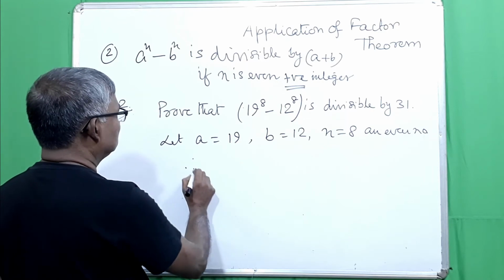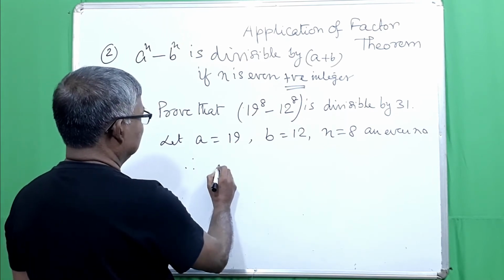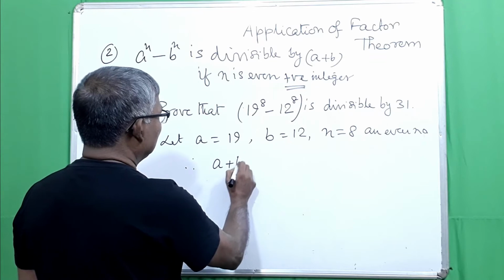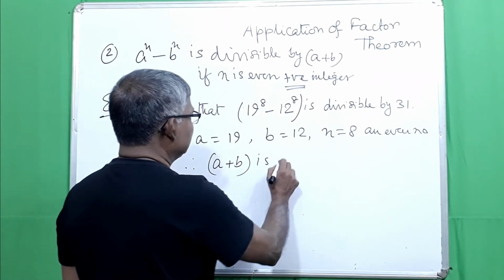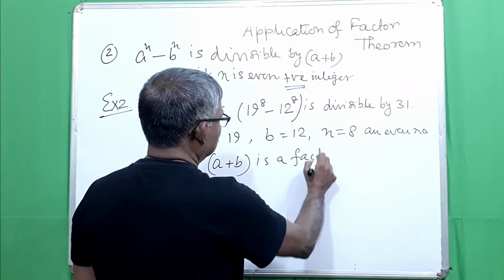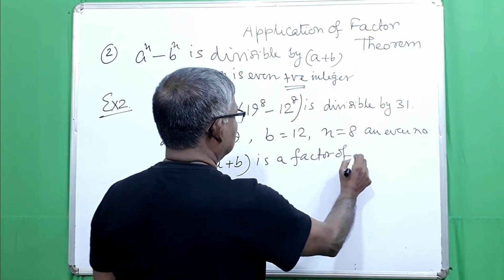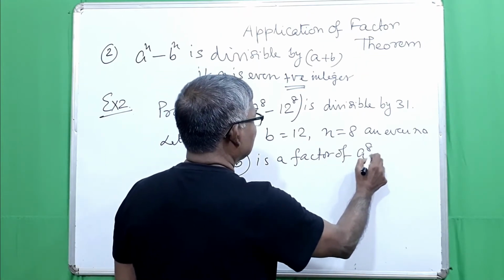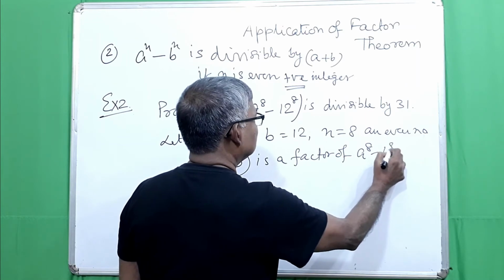Therefore we get a plus b is a factor of a to the power 8 minus b to the power 8.